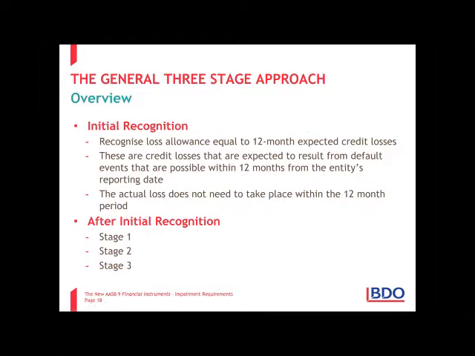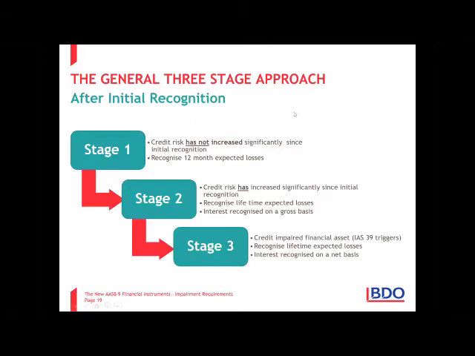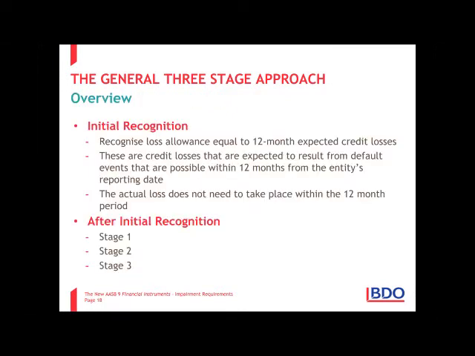Then after initial recognition, there's a stage 1, a stage 2, and a stage 3. So all of these items, initially we recognize a 12-month expected credit loss. After initial recognition, the three stages are: stage 1. If the credit risk has not increased significantly since initial recognition, then we continue to recognize this financial asset and we continue to recognize the impairment loss based on 12-month expected losses.